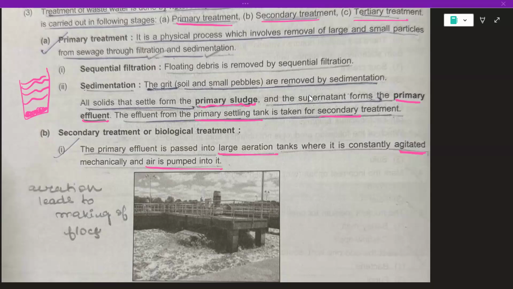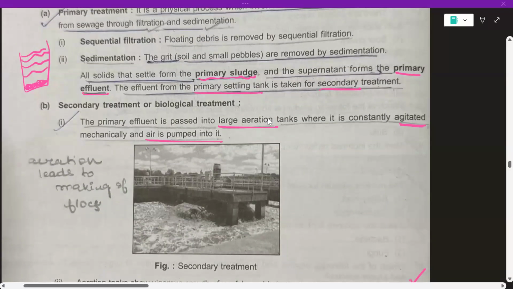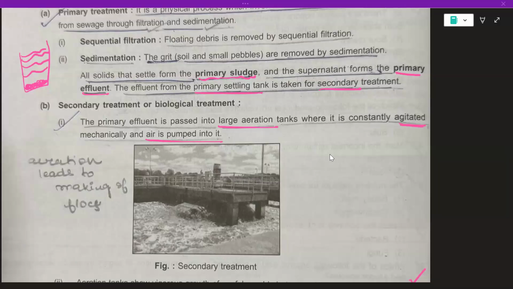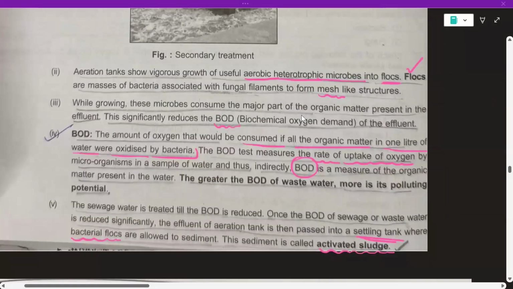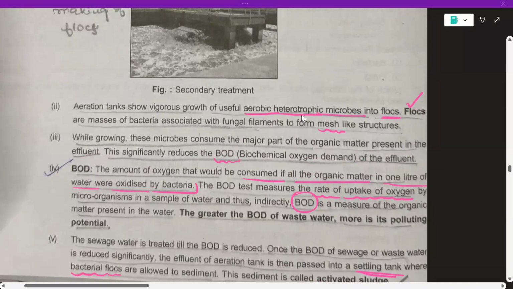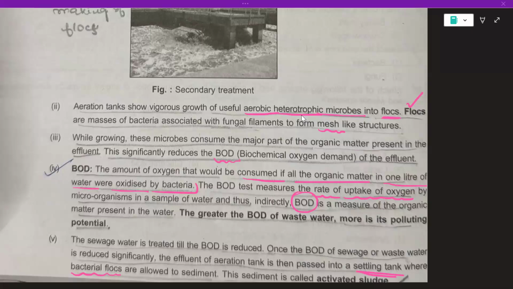Now, in the secondary treatment, the primary effluent is passed into large aerated tanks, aeration tanks, meaning air is constantly pumped into the tank. Because the air is being pumped, aerobic bacteria start growing in this tank and they form flocs.